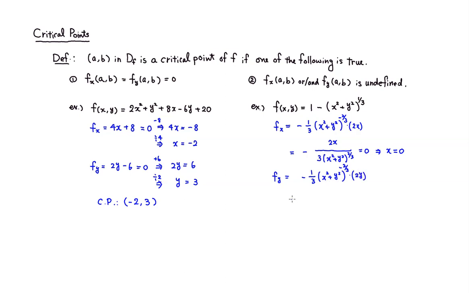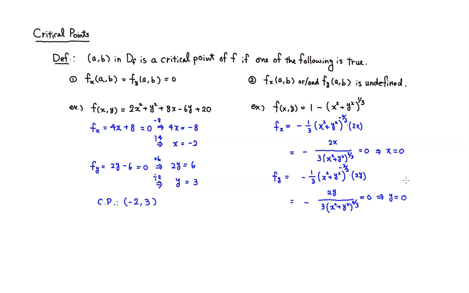So it's going to look like negative 2y with a 3 on the bottom, and the quantity x squared plus y squared to the 2/3 power. If you set that equal to 0, we just set the numerator equal to 0, so y equals 0.